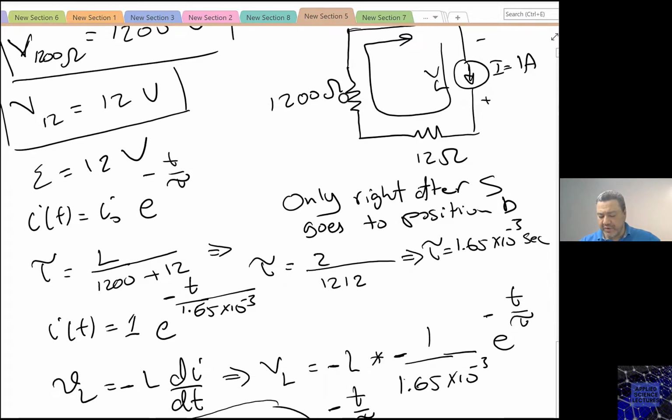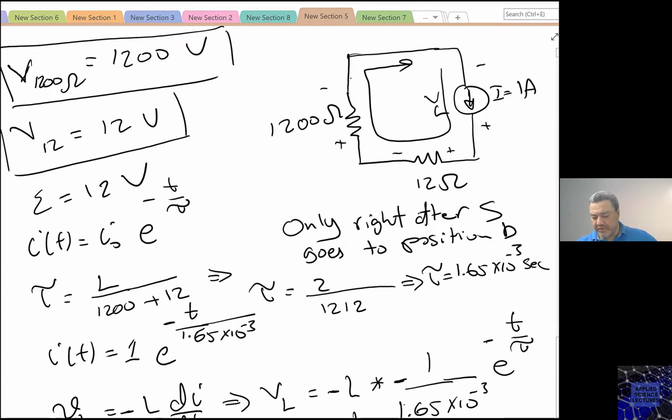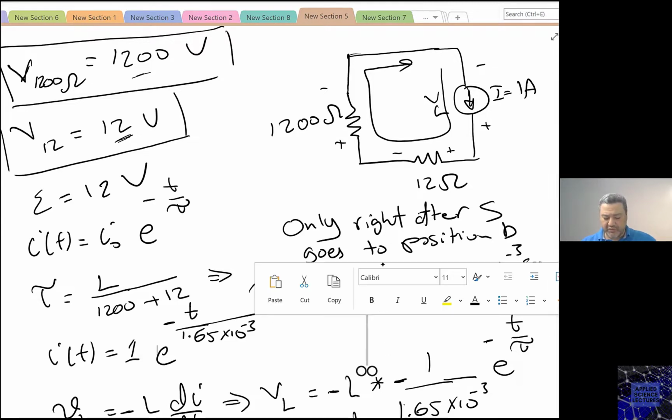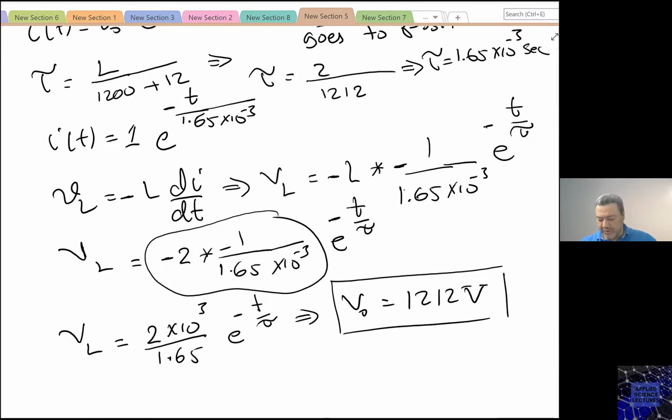I have the voltage across the inductor equals the voltage across the 12 ohm plus the voltage across the 1200 ohm. I know the voltage across the 12 is 12 volts, and the voltage across the 1200 is 1200, then the voltage across the inductor will be the summation, which is 1212, and this is what we have found here.